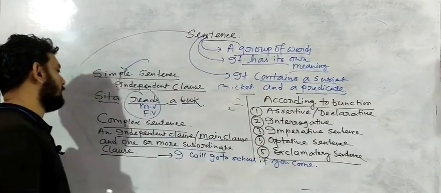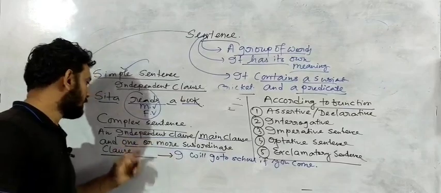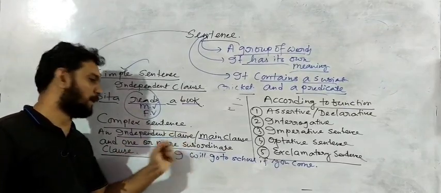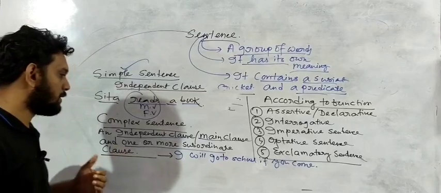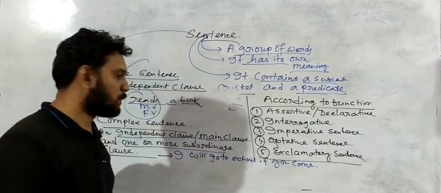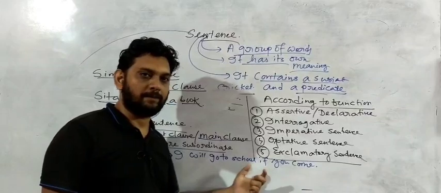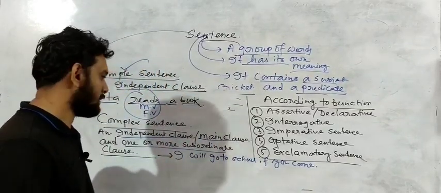Always remember, a complex sentence must have the independent clause or main clause and one or more subordinate clauses. Now just look at the sentence I have written: I will go to school if you come. Unless you understand this concept, you can't write the complex sentence.